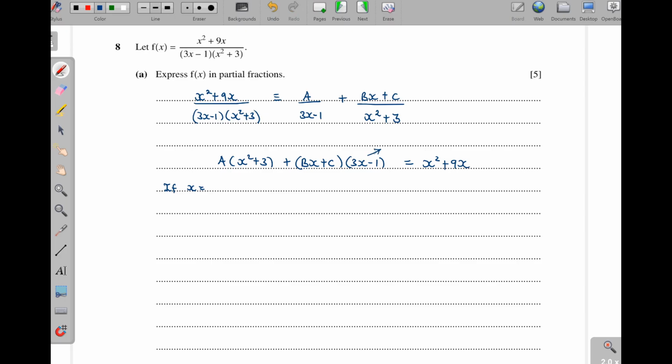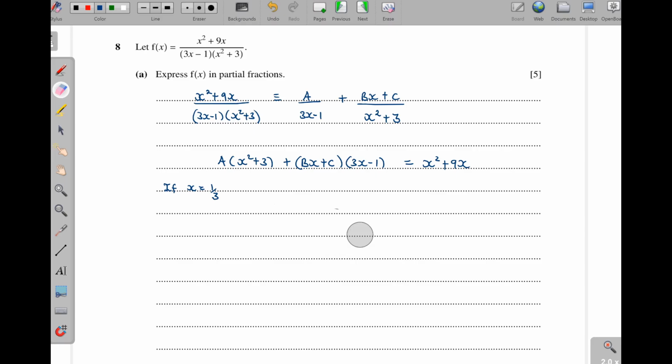When I equate it to 0, x will be a third. So if x is equal to a third, that means I'll be terminating the whole of this, then I will be remaining with this. Now you get a third, you square it, then plus 3, that will be 1 over 9, then plus 3. So 9 times 3, that is 27, then plus 1, that will be 28.